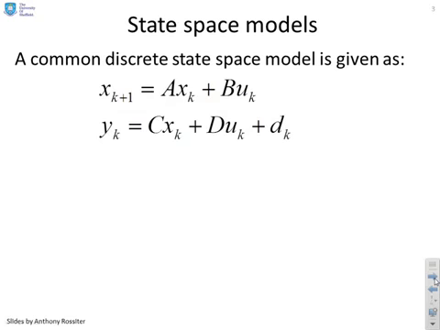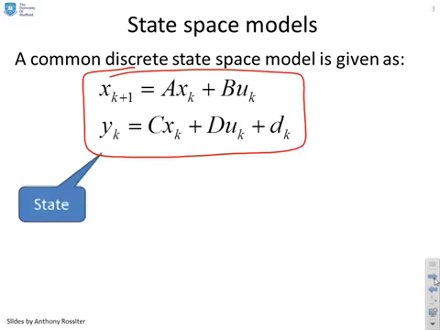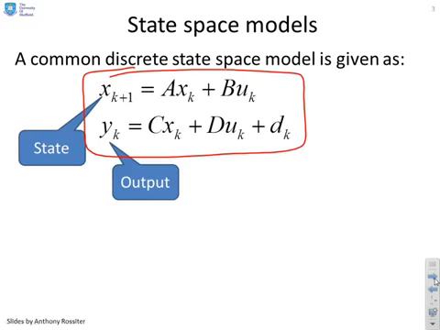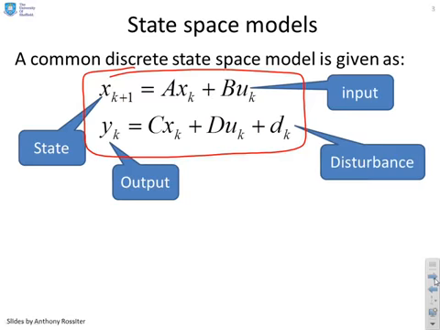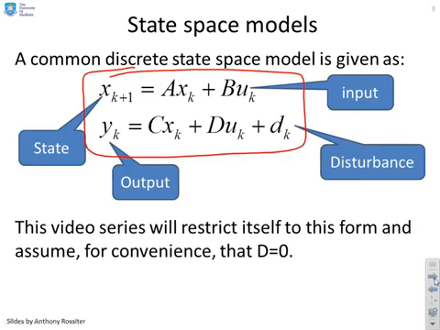What we said in the previous video then was that a common state space model is given by something like this, where x is the state, y is the output, u is the input, d is the disturbance. In this video series we're going to restrict ourselves to this form and assume for convenience that d equals 0, so that particular term is going to disappear.